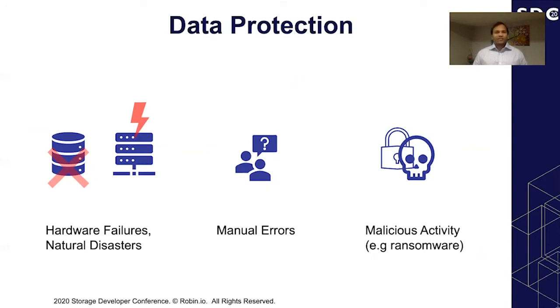Disks can fail from time to time, and in node failures the motherboard can fry out, or there can be a rack failure, a power outage for the rack or the entire data center because the data center is in a storm or there's flooding. The second aspect is manual errors, which happen from time to time, where somebody deletes the data in error, and we need a way to recover from such errors. And the third is malicious activity, with a lot of ransomware making the data locked and hostage. We need a way to recover from that activity.